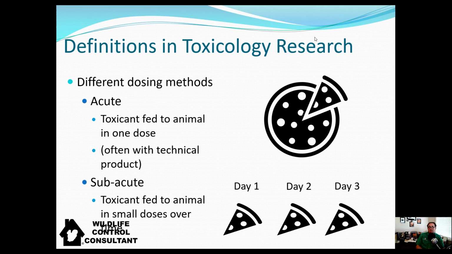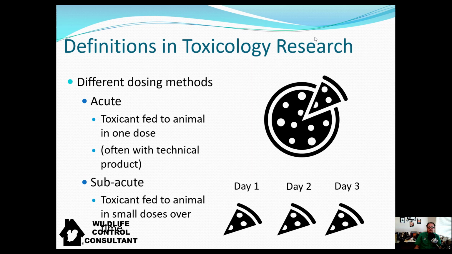One type is called acute feeding, where you take the toxin and force it into the animal's mouth, or in some cases the animal can feed on its own. You're trying to find out how much toxicant an animal has to eat in one dose for at least 50% of the target population to die.